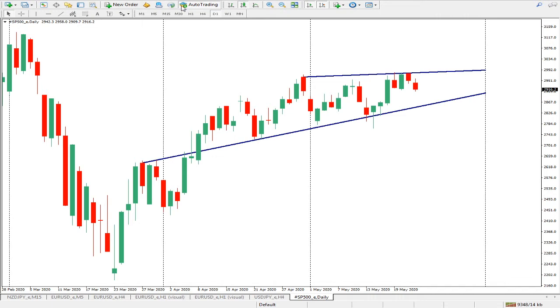I'm going to add an indicator here, the zigzag indicator, so that you see exactly what I'm trying to look at.